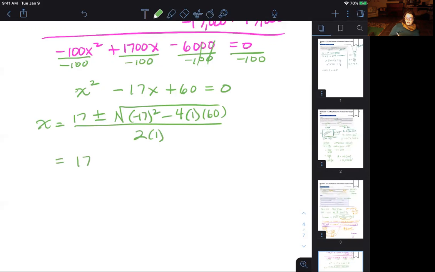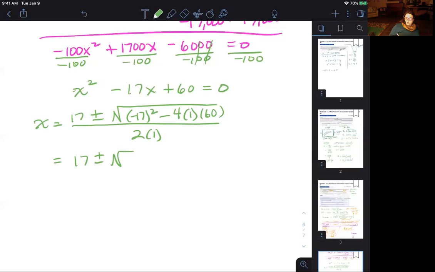So here we have 17 plus or minus the square root. 17 squared is 289, and then minus 240, because we have 4 times 60, all divided by 2.